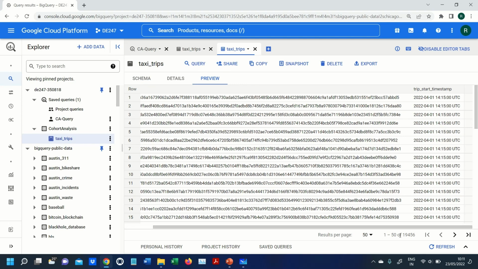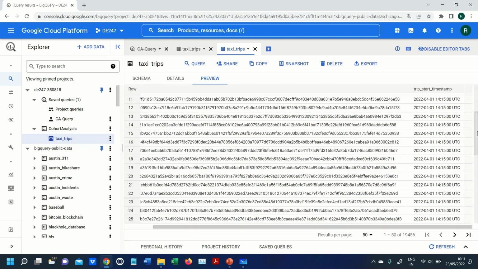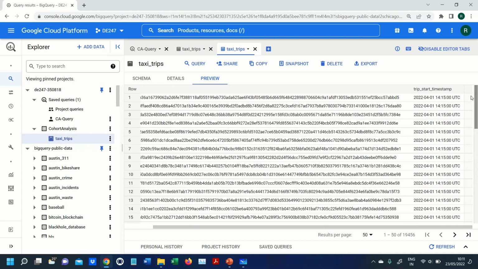This contains around 19,000 transactions that happened on the 1st of April. Right. So this is our base data for our analysis.